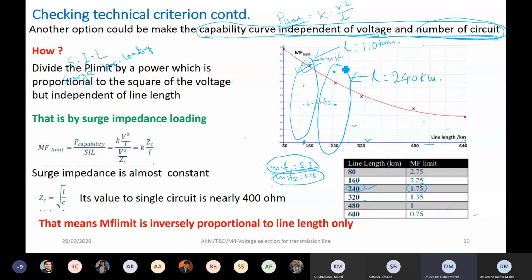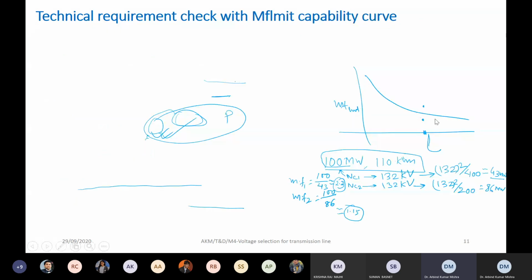So only the double circuit passes, this is pass, this is fail, right? Now if your line length would have been something around 500 kilometers, then both would have failed. This is also fail. This is also fail.